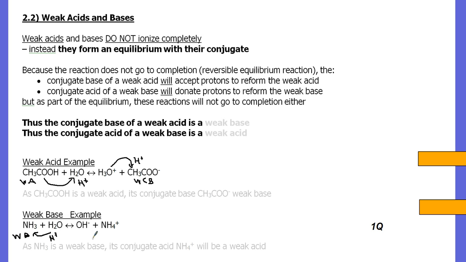And because it's an equilibrium, ammonium will donate some protons to hydroxide, so it's the conjugate acid of ammonia, but it's a weak conjugate acid. So weak acids and weak bases have weak conjugates themselves because they exist in equilibrium. The big idea from this page is that weak acids have weak conjugate bases, and weak bases have weak conjugate acids.